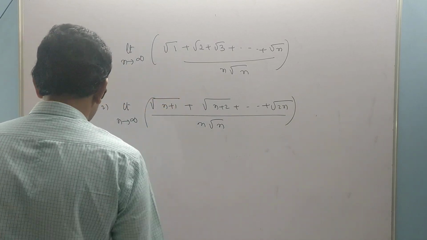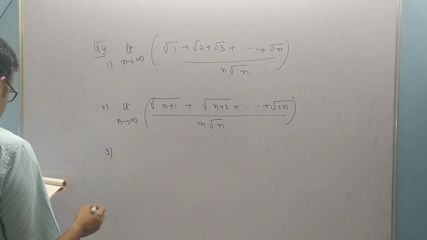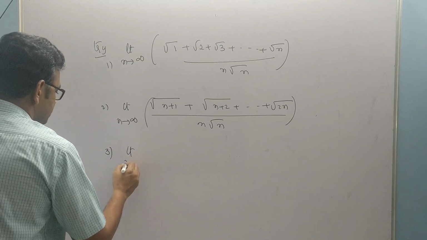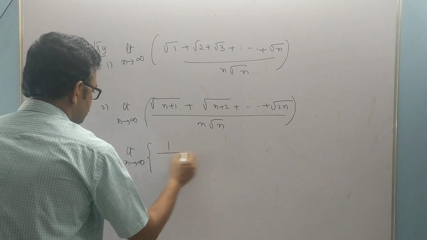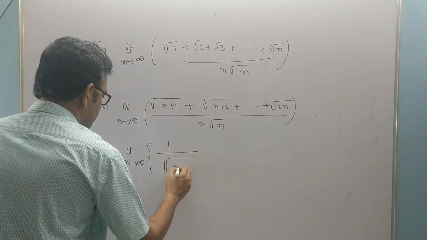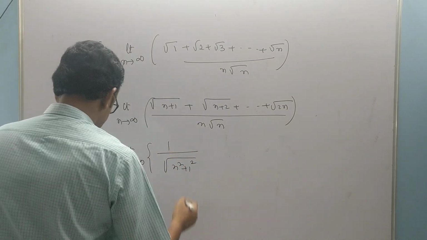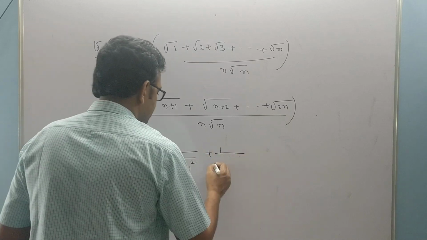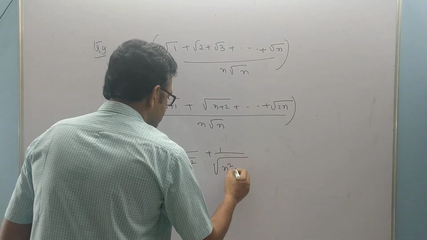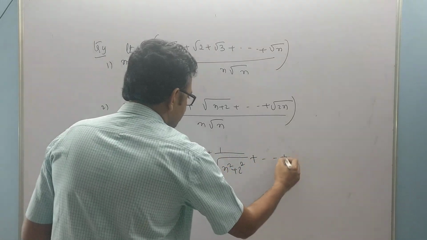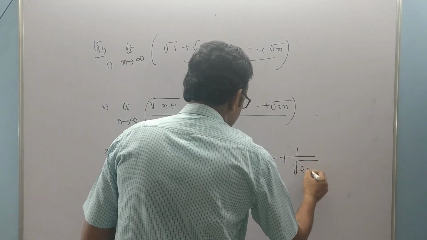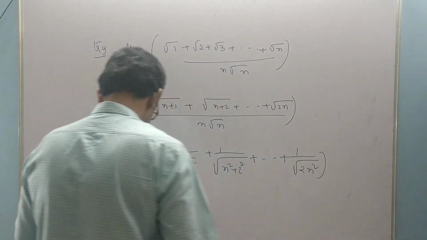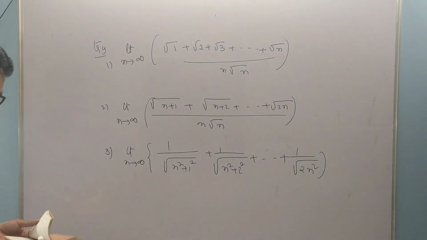Third one, limit of n tends to infinity, 1 by root of n square plus 1 square plus 1 by root of n square plus 2 square plus and so on up to 1 by root of n square plus n square, that is root of 2n square.